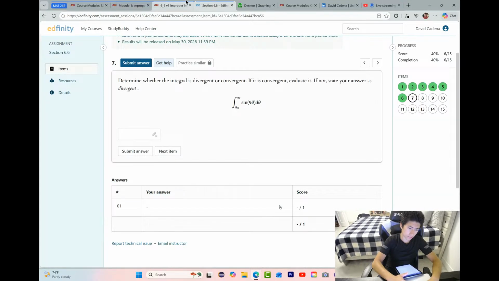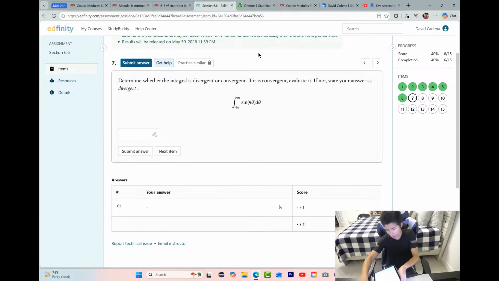Undefined. But that's not infinity though. So is that still considered divergent? Hold on. Let's think about this for a second. We're on a good streak. We can't stop now. So it obviously does not diverge to infinity.